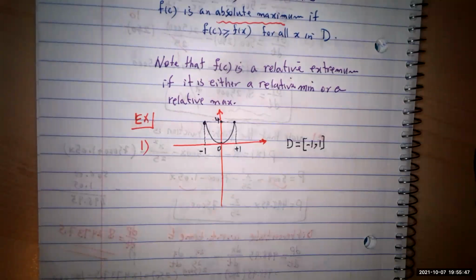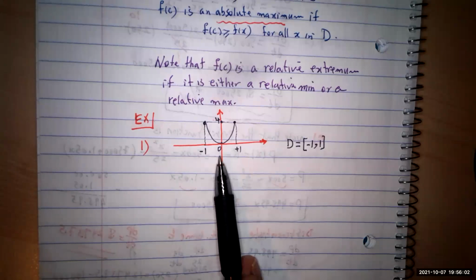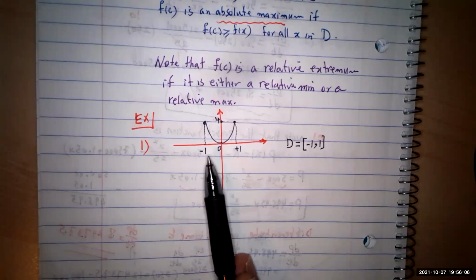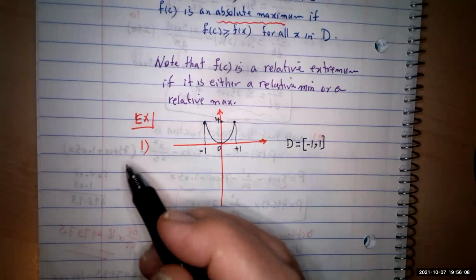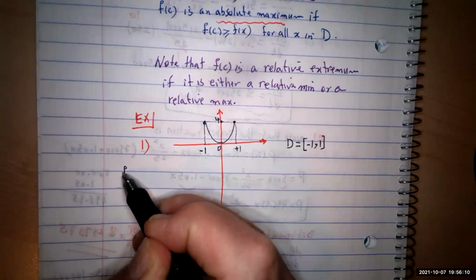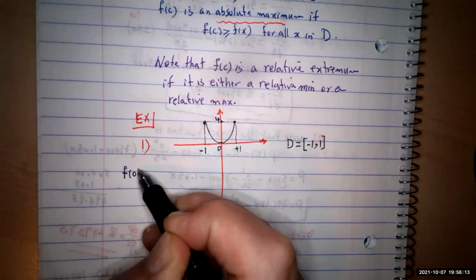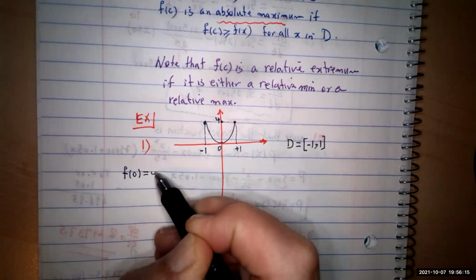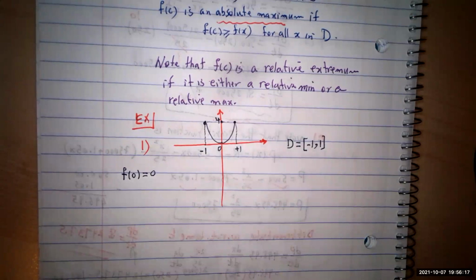Any suggestion for the maximum and the minimum? What is the smallest value of this function? 0. Excellent, that's it. And you get the 0 at x equal to 0. So your interpretation is f of 0 equals 0. This is the bottom of the function.